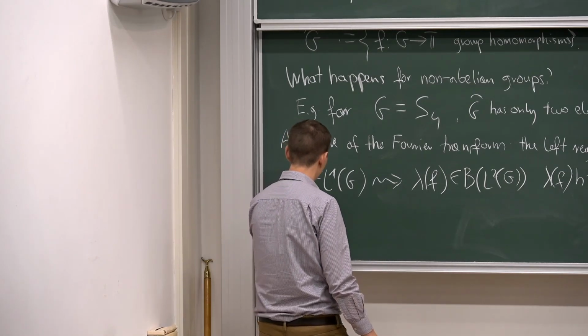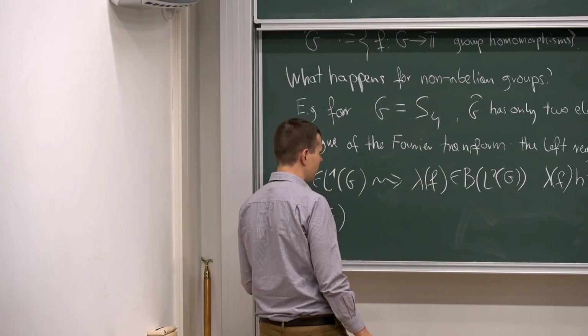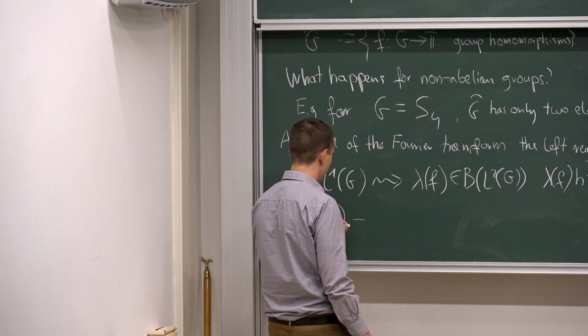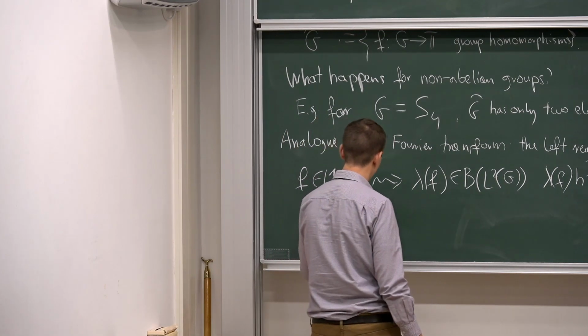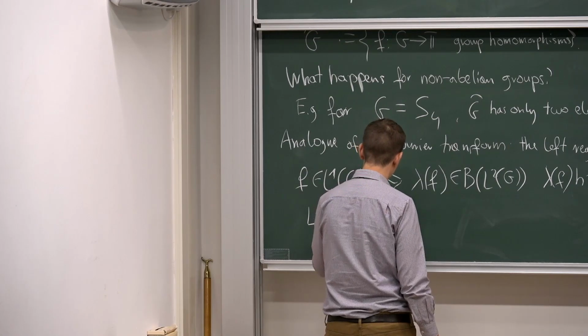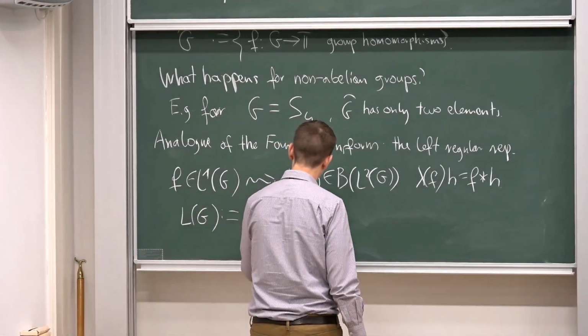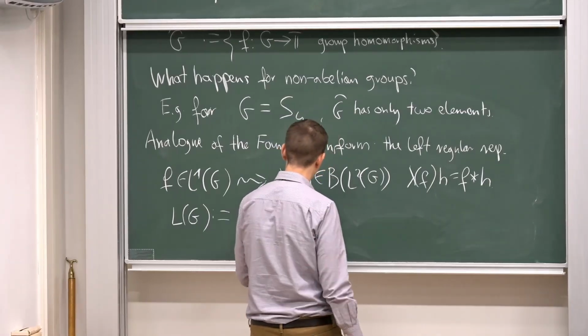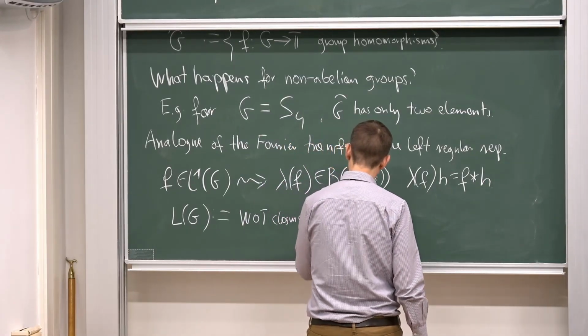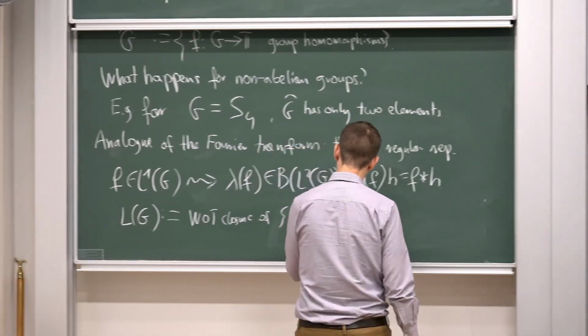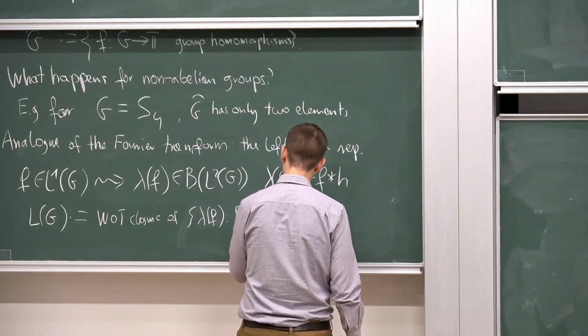L of G, this is the group von Neumann algebra. This is the weak operator topology closure of this set lambda f, where f is in L1 of G.